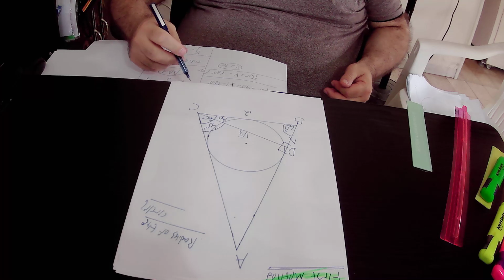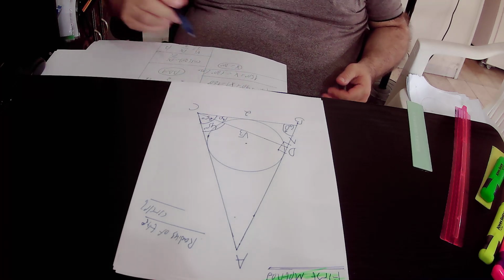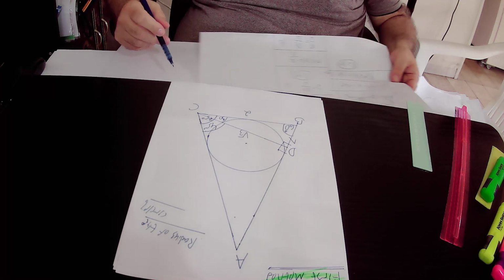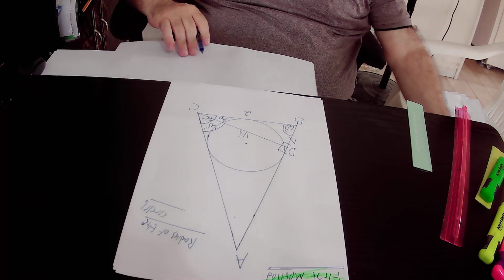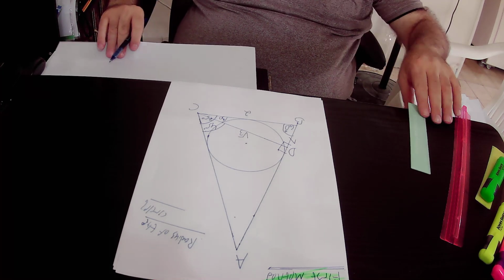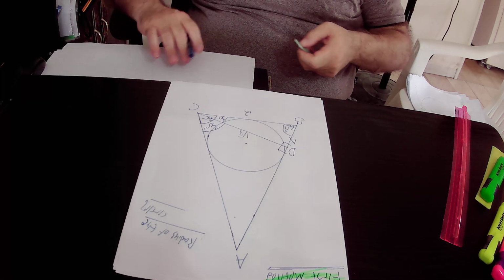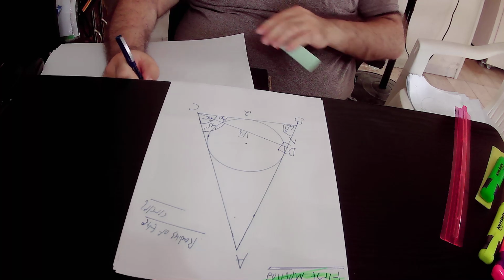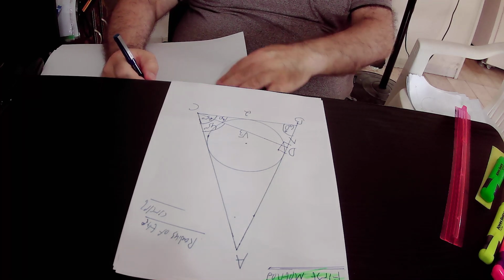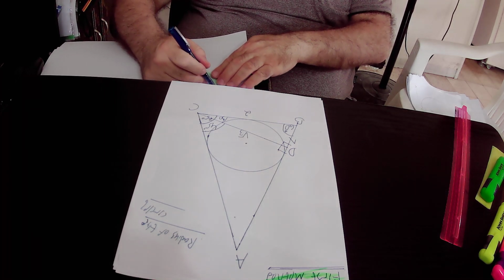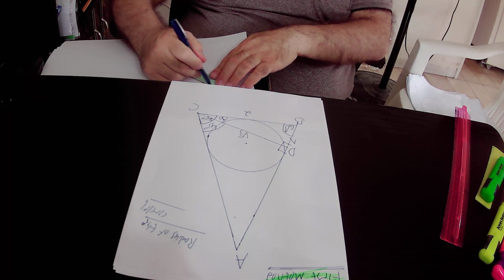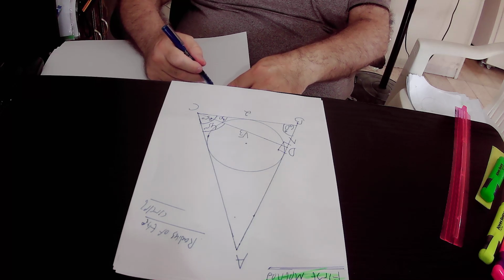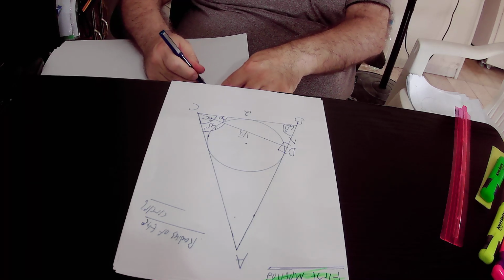In the next step, we'll focus on the right triangle, triangle ADC. So I'll copy the right triangle, triangle ADC, in a new page and we'll analyze triangle ADC. Okay, so here we have side DC, angle ADC is 90 degrees.